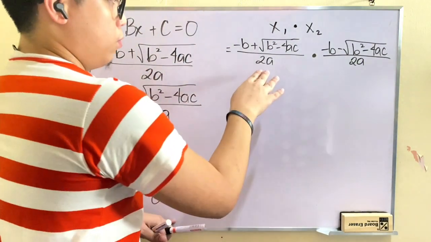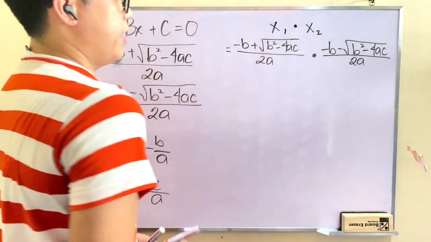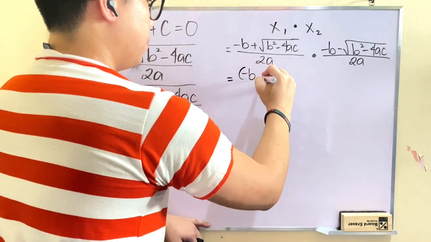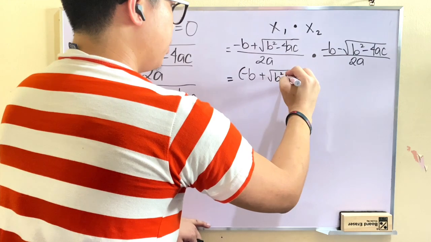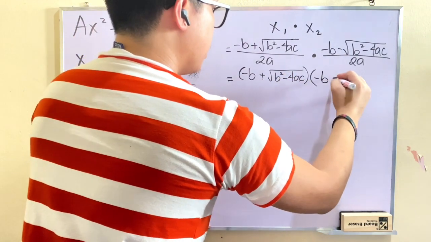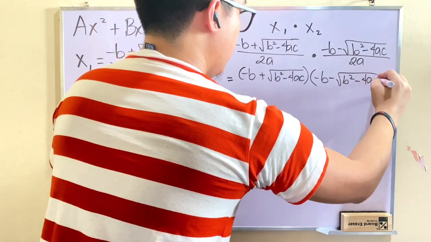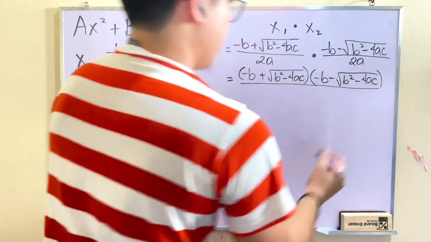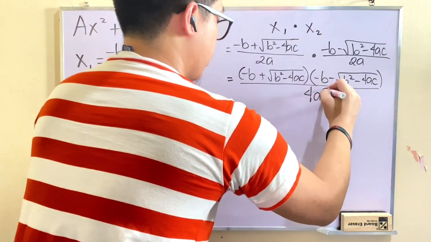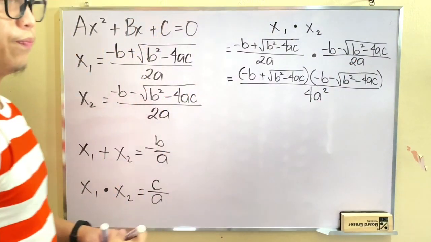So, multiply natin ang numerator to numerator and denominator to denominator equals to negative b plus square root of b squared minus 4ac multiplied by negative b minus square root of b squared minus 4ac divided by 2a times 2a is 4a squared. 2 times 2 is 4, a times a is a squared.